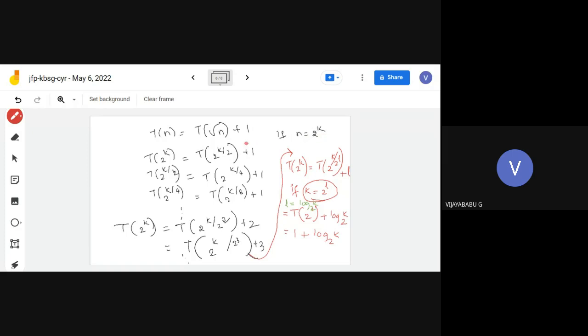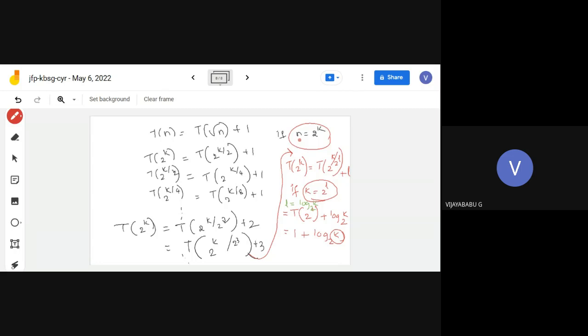If n is equal to 2 power k, we started with this in the place of n, and likewise it gets started, and finally we came to the place where we are mentioning 2 power L here in the 2 power k by 2 power L that we have considered, and finally we come to the place that 1 plus log of k, and this k has to come back to the form of n itself.